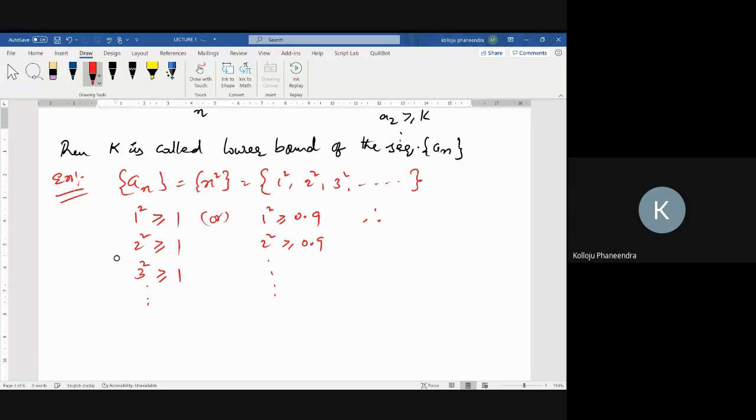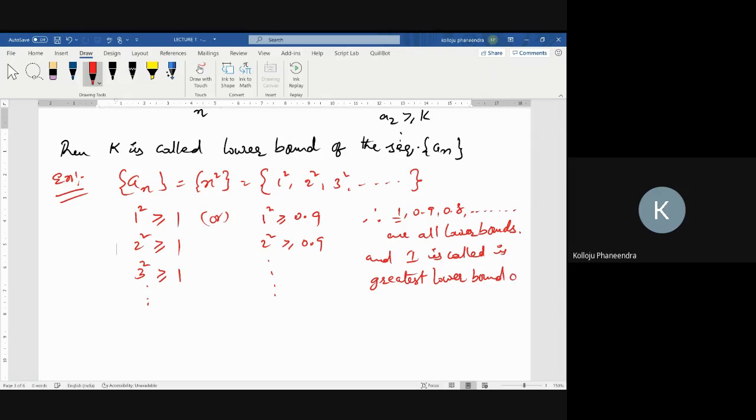Therefore, 1, 0.9, 0.8, or so many points are all lower bounds. And 1 is the greatest value, right? 1 is called the greatest lower bound or infimum.